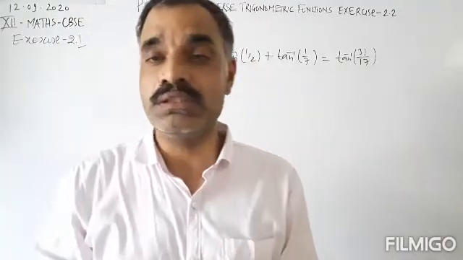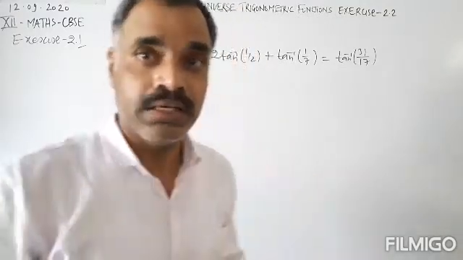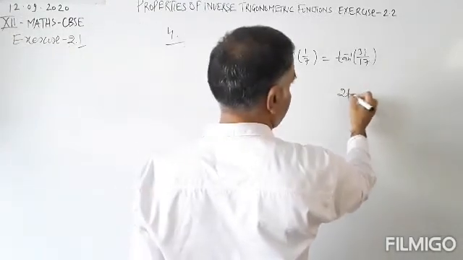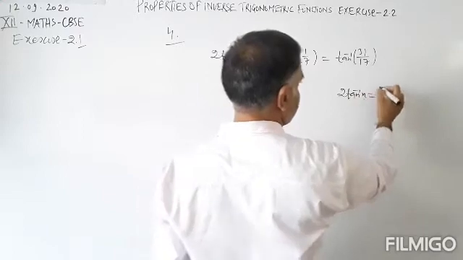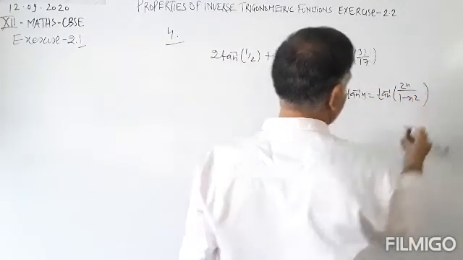We have to use the trigonometric identity only. We know that 2 tan inverse x equals tan inverse of 2x upon 1 minus x square.